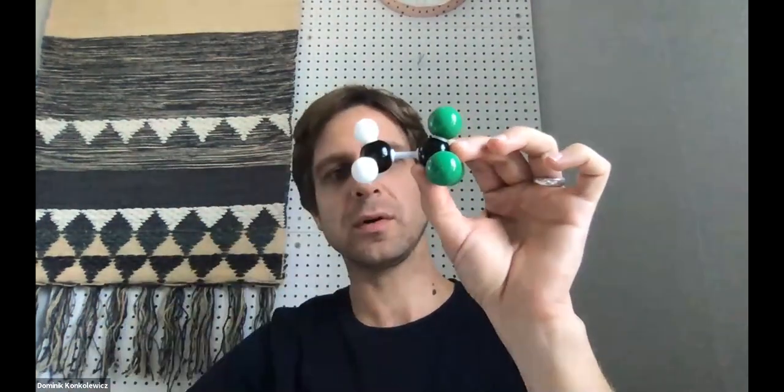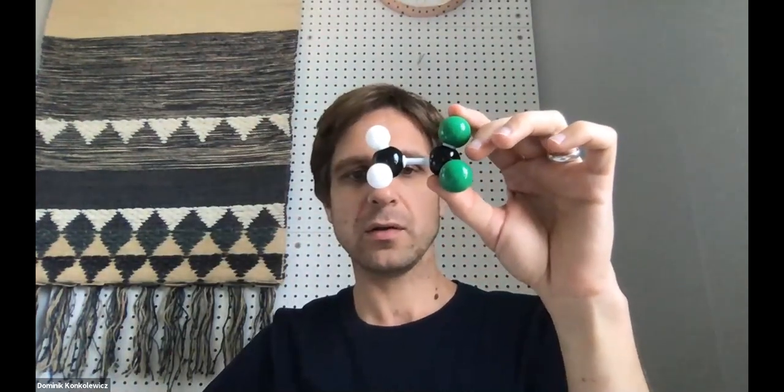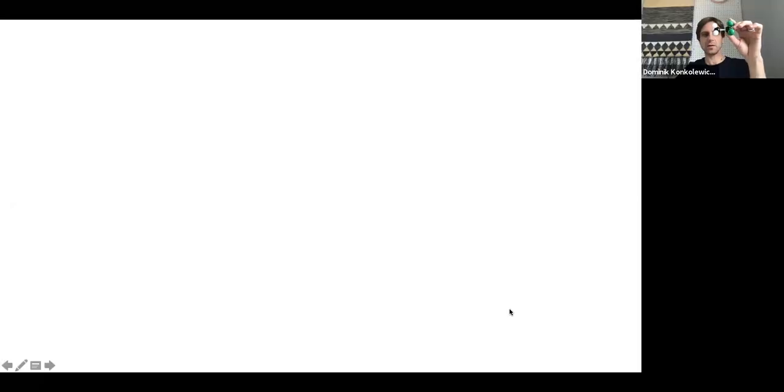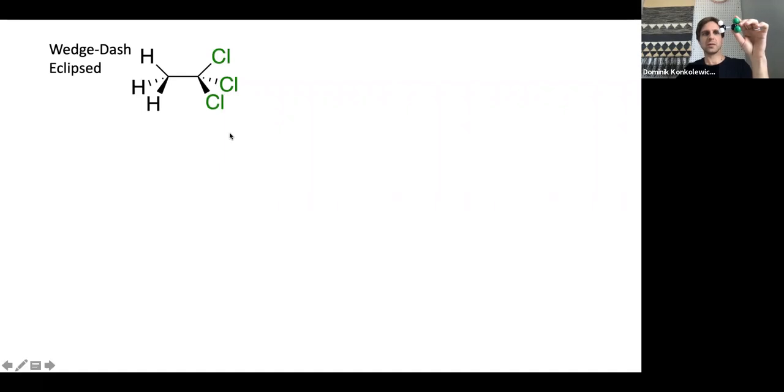That CCl bond there is going towards you, and that CH bond's going back, and that CH bond's going back. So if we think about that, we can represent this in the wedge-dash type conformation. We can represent it as an eclipsed conformation because the position of the CH bond lines up with the configuration of the CCl bond.